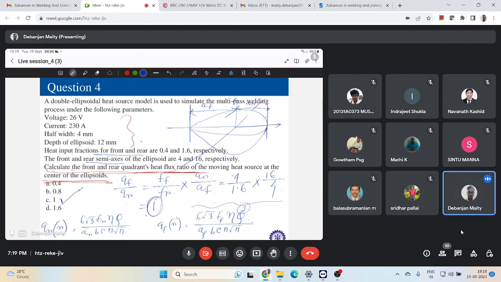If you got the same answer, or anyone has any other opinion? Tell me if not understood, or else I'll move to the next question.